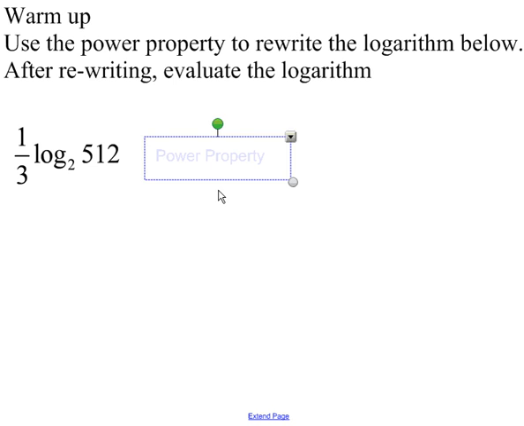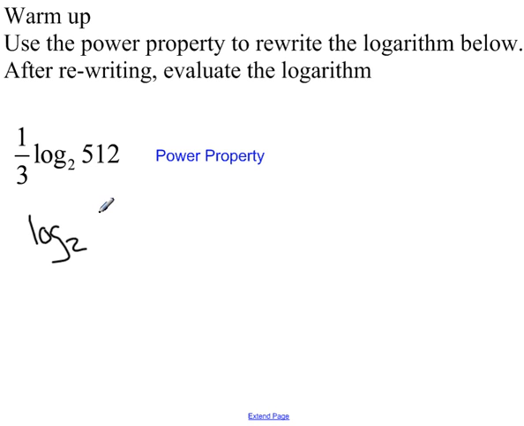Okay, so using the power property, we can rewrite this logarithm as log base 2, 512 raised to the 1/3. The power property allows us to take this coefficient and make it an exponent.